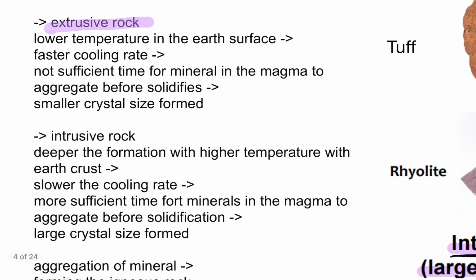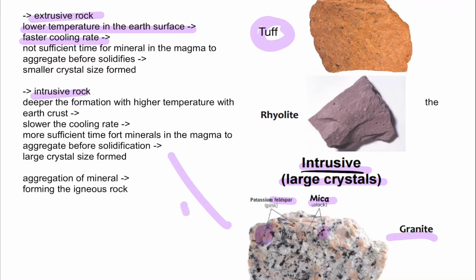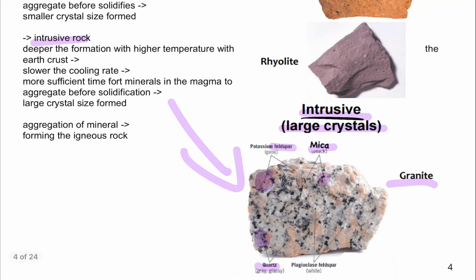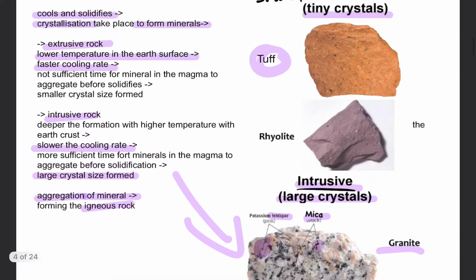The extrusive, like the tuff, are formed by lower temperature, fast cooling rate. Okay, the intrusive is a slow cooling rate. Therefore, the larger crystal size forms because of the agglomeration of the minerals to form the igneous rock.